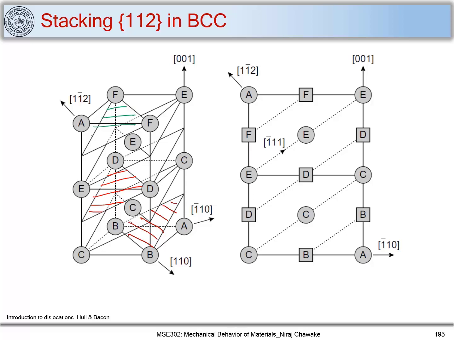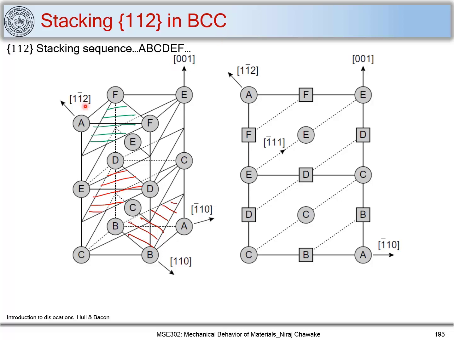So we have this kind of 112 type of planes which are stacked above each other, which makes this BCC structure. And how many layers of 112 do you have? You have 6 layers of 112, which makes complete BCC. So you have A, B, C, D, E, F. So we have this stacking sequence of 112 planes, which makes a BCC structure.